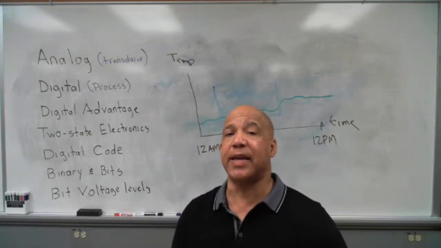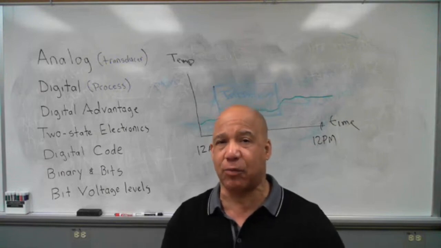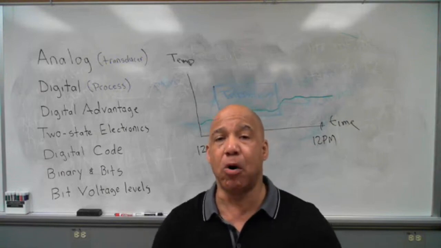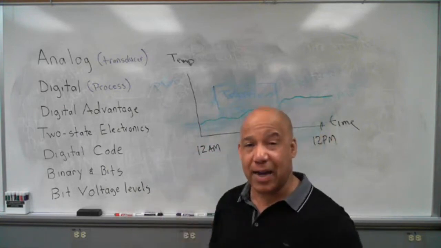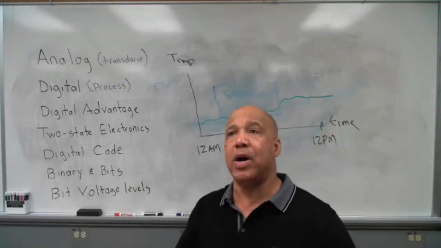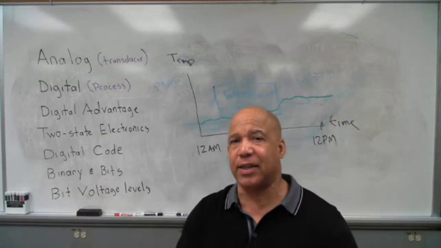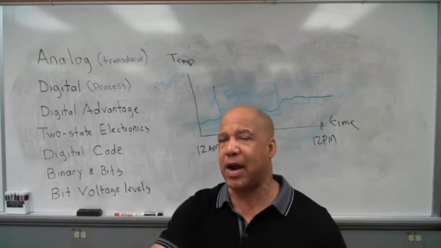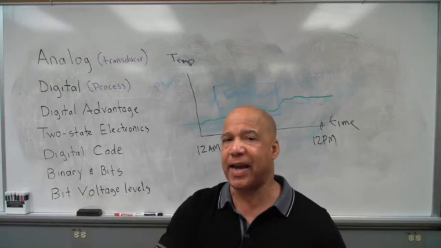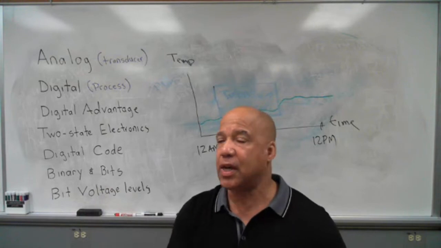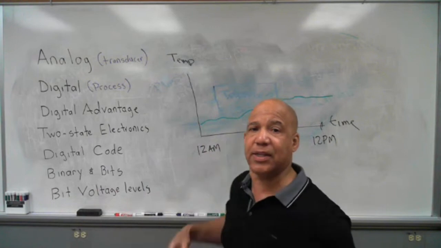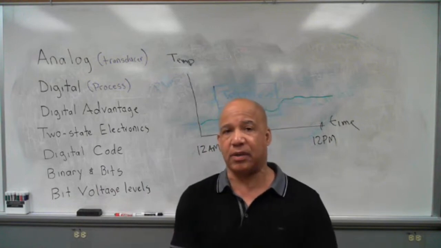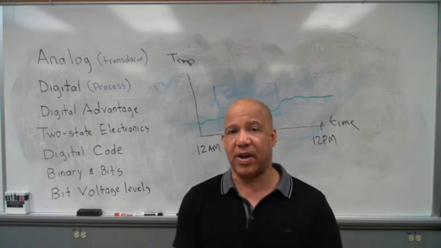So what you have to understand is most quantities that we want to measure, most quantities in nature, are like this. They're analog. But when I want to do something with that quantity in terms of using it, say, for automation or any kind of computing purposes, there's no way for me to put an analog signal into a computer.